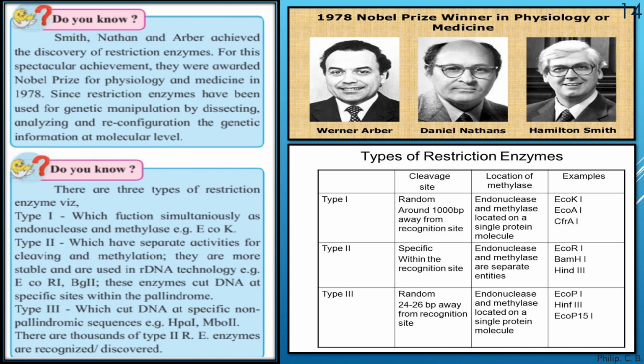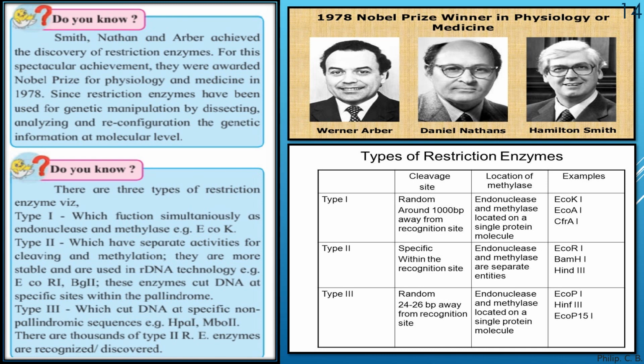For this achievement, they were awarded the Nobel Prize in Physiology or Medicine in 1978, since restriction enzymes have been used for genetic manipulation by dissecting, analyzing and reconfirming genetic information at the molecular level.